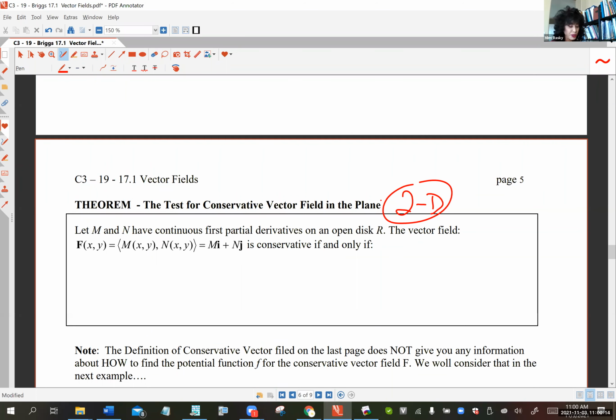So that's good news. Let's say that you have M and N, which are functions of two variables, and they have continuous first partials on some open disk region R. Then this vector field F with the components M and N is a conservative vector field if and only if the partial of N with respect to x is exactly the same as the partial of M with respect to y.